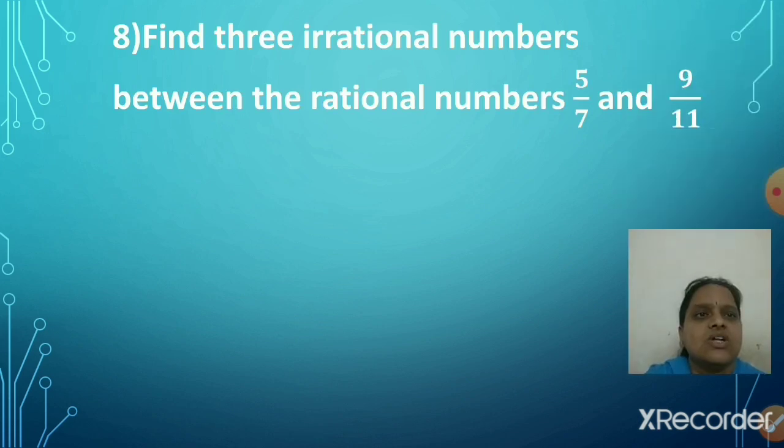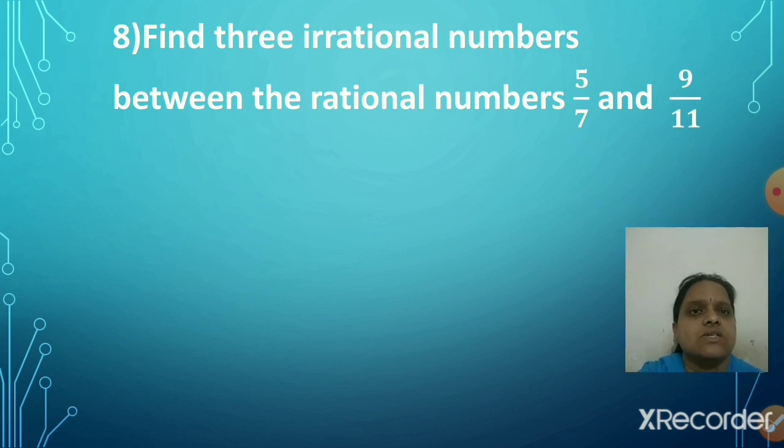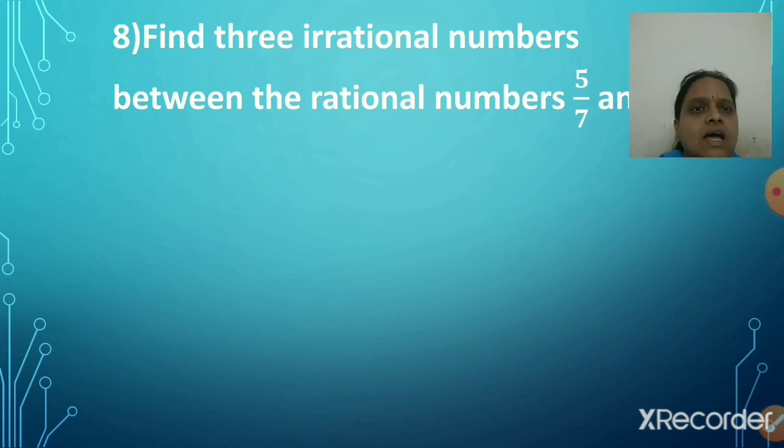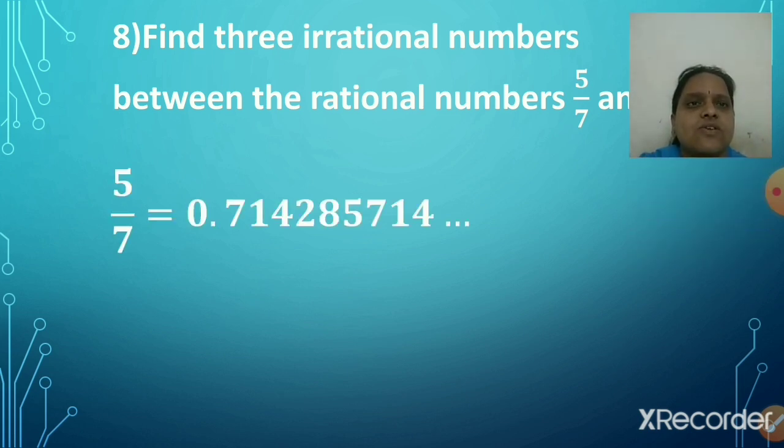Find 3 irrational numbers between the rational numbers 5 by 7 and 9 by 11. First of all, we will convert 5 upon 7 into decimal form. Can you see what the decimal expansion of this is? 0.714285, 714. I have purposely written 714 over here because it is repeating.